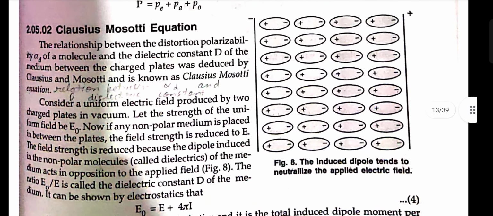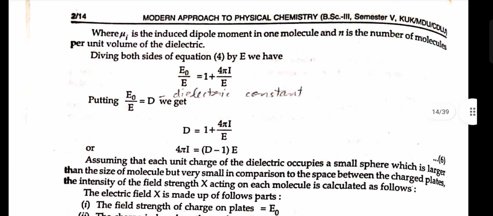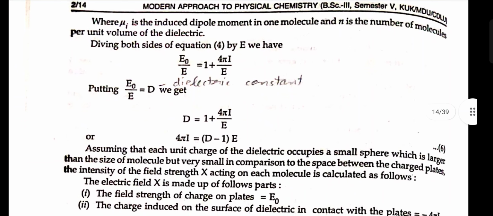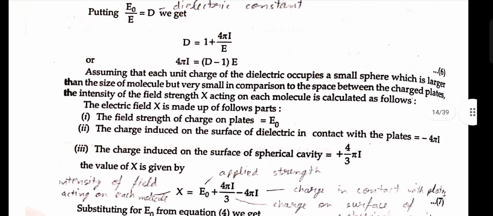He placed some non-polar molecules in the dielectric field, which induces a dipole. Divide equation 4 by E and put E naught by E equal to D, which is the dielectric constant. We find equation 6.